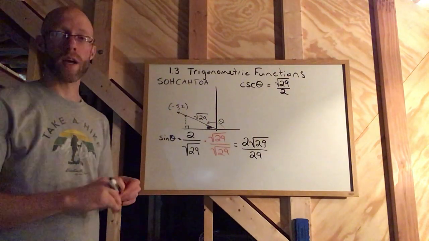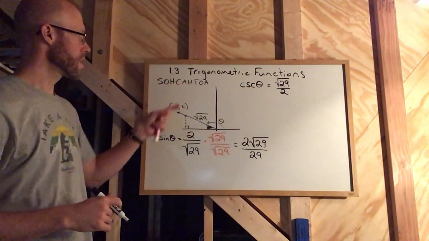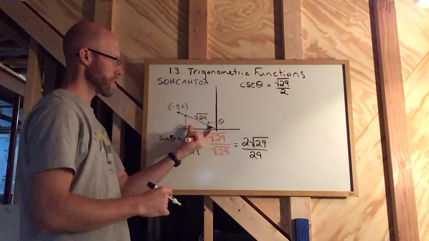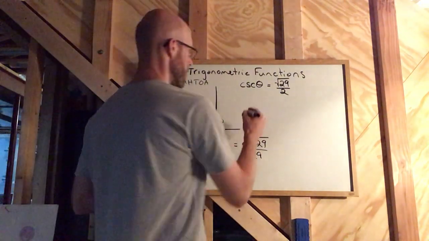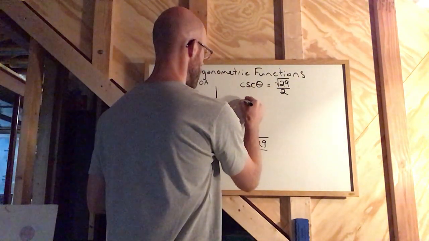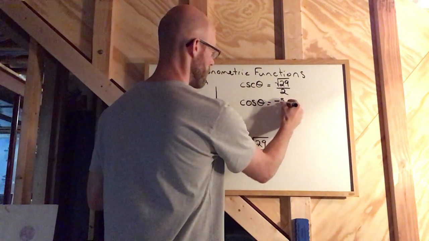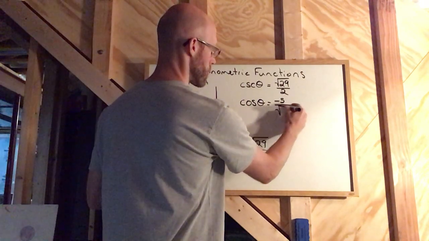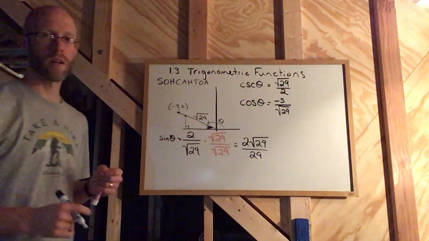Okay. In a similar way, I could go through all of the different trig functions. So the cosine is the adjacent over hypotenuse. That's the x over r. The x is -5. So cosine theta is -5 over the square root of 29. Right, so that's x over r.